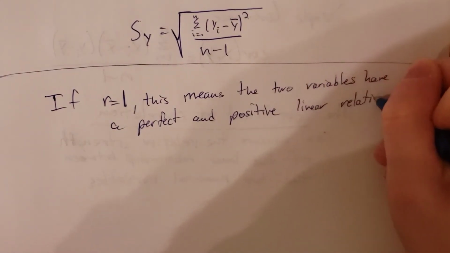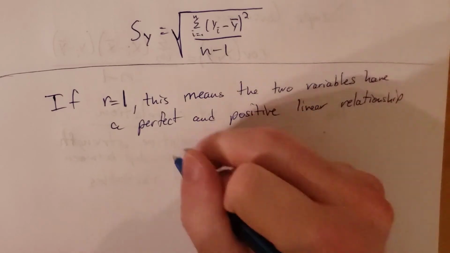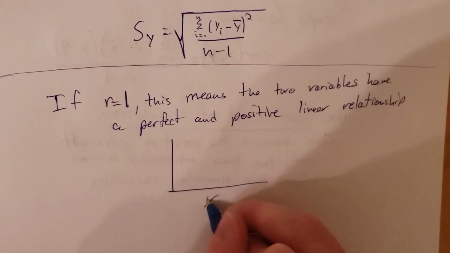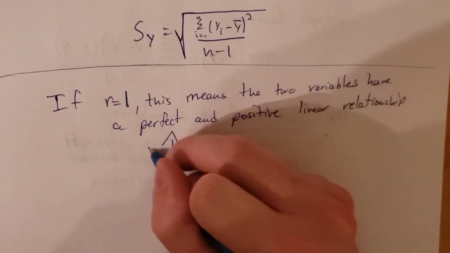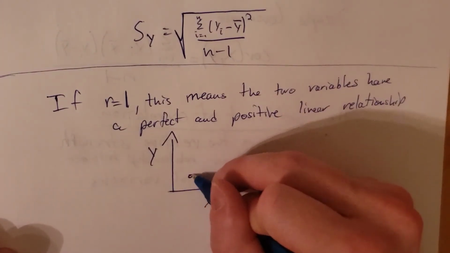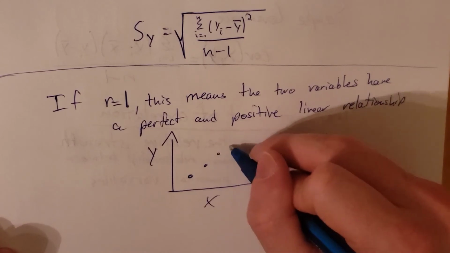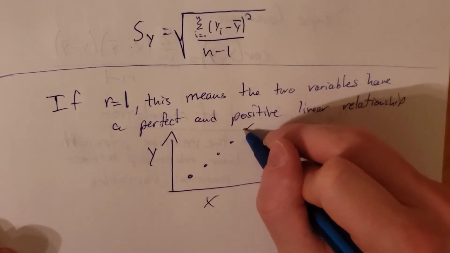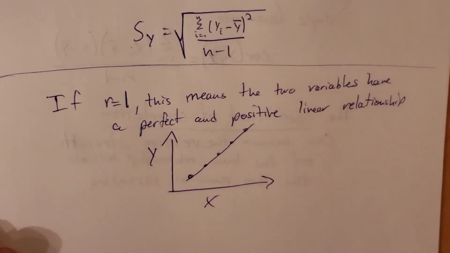What does that mean? That means we have two variables, some x variable here and some y variable here, and all of the data points. If r is 1, that means every single data point lies on a line with positive slope.